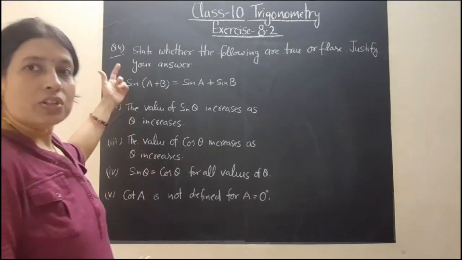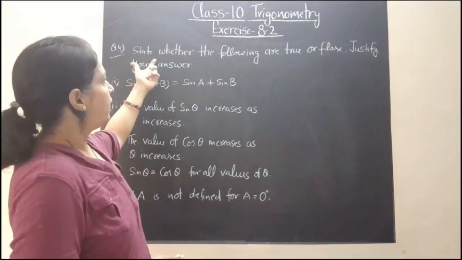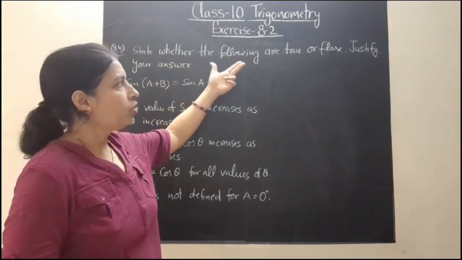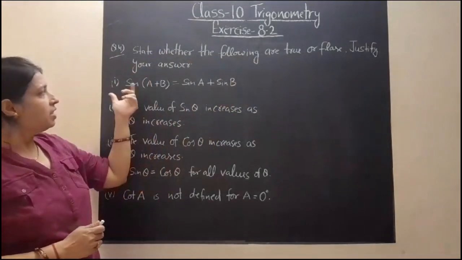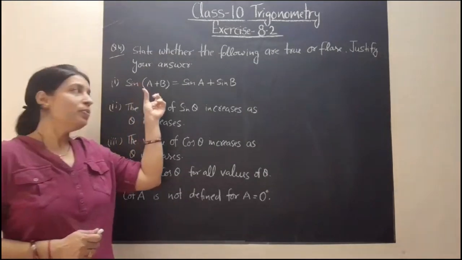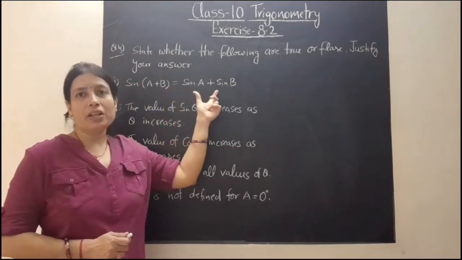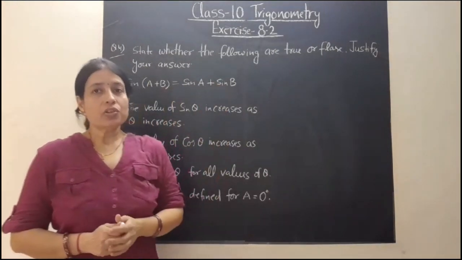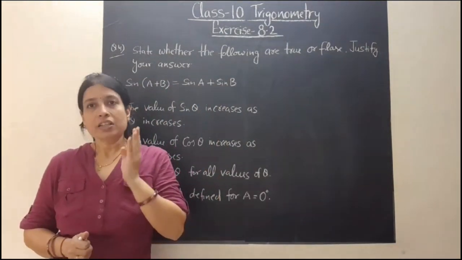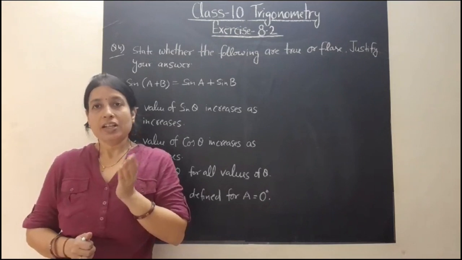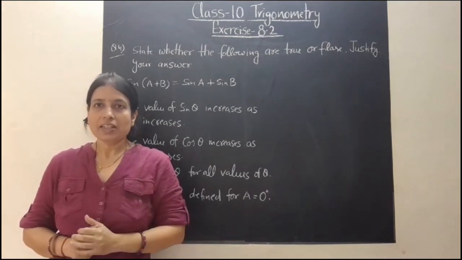So let us see question number 4. State whether the following are true or false. Justify your answer. First one is given sin A plus B is equal to sin A plus sin B. So आपको sin 0 डिग्री की वैल्यू पता है, sin 30 डिग्री, sin 60 डिग्री, sin 45 डिग्री and sin 90 डिग्री.